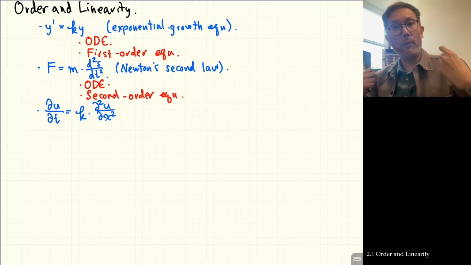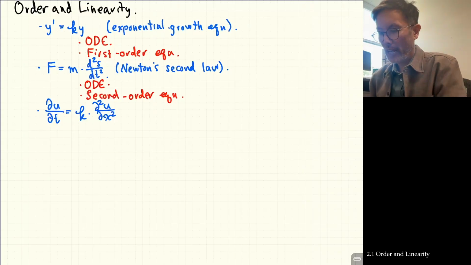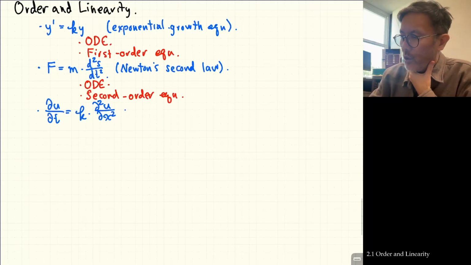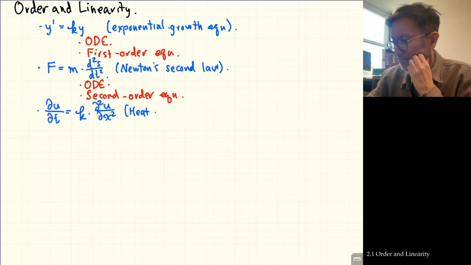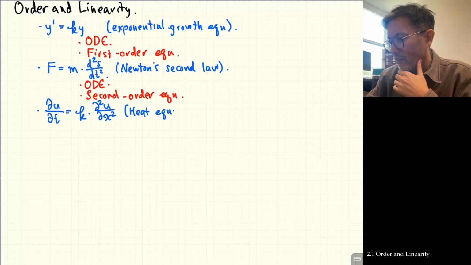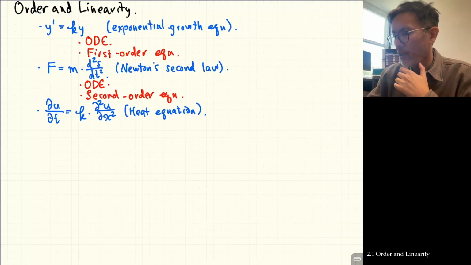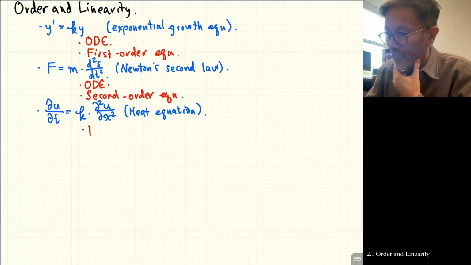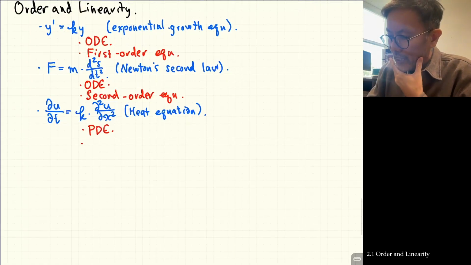Then we can talk about the partial derivatives of u, and there is an equation called the heat equation, which determines the distribution of heat through time. And of course, this now isn't an ODE any longer, it's a PDE, and we say it's a second order equation.